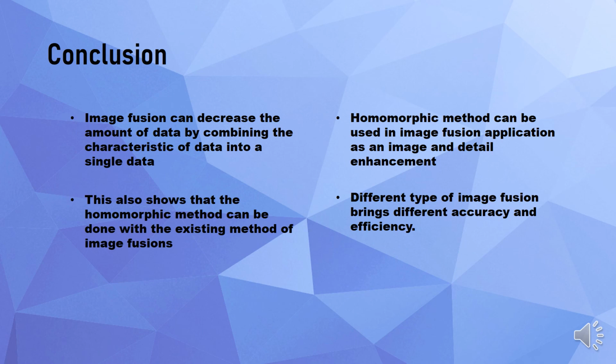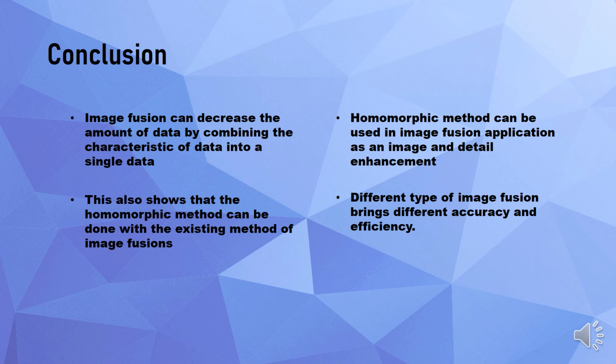In conclusion, image fusion can decrease the amount of data by combining the characteristics of data into a single image. This also shows that the homomorphic method can be combined with existing methods in image fusion, and can be used in image fusion applications for image and detail enhancement, and different types of image fusion bring different accuracy and efficiency.